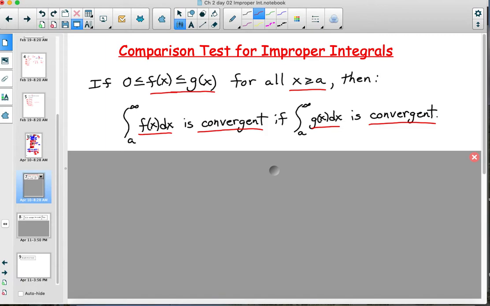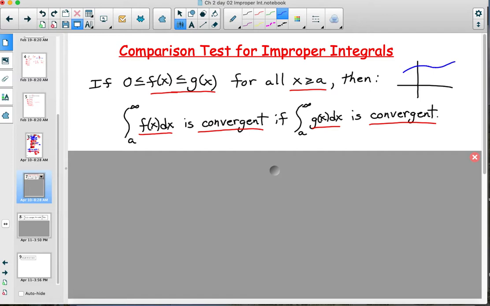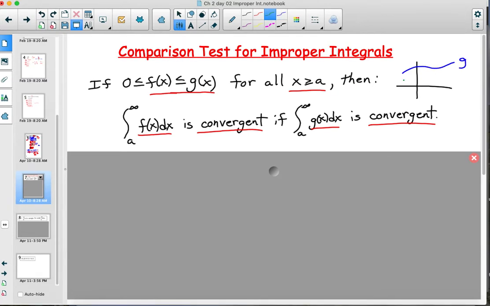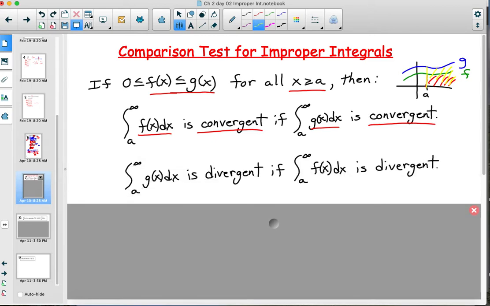Think visually about what that's saying. Picture a graph, where g is up here, and f is down here, and a is right here, and we're going from a to infinity. If we know that the area under g is a finite amount, or it converges, then certainly the area under f is also going to converge. That's what this first statement is saying. Now let's think of the opposite case.